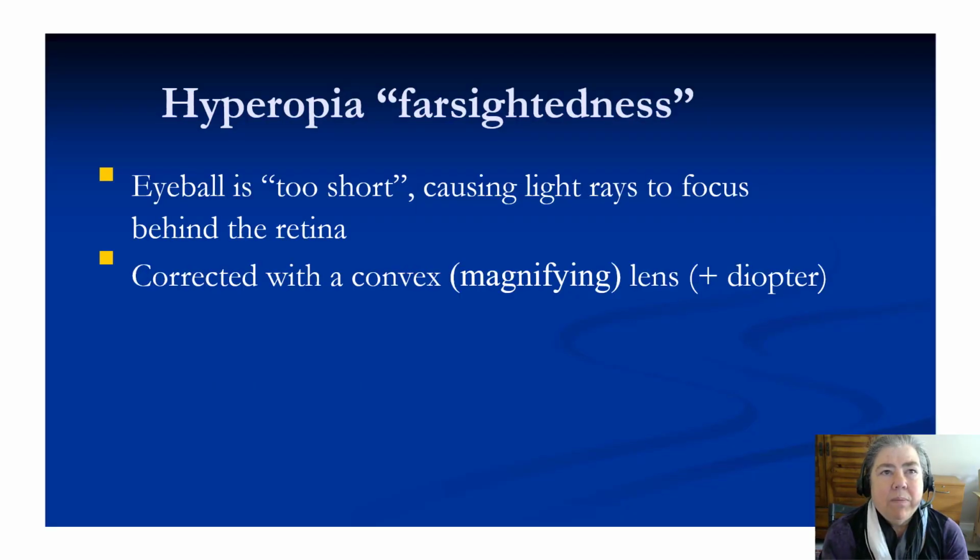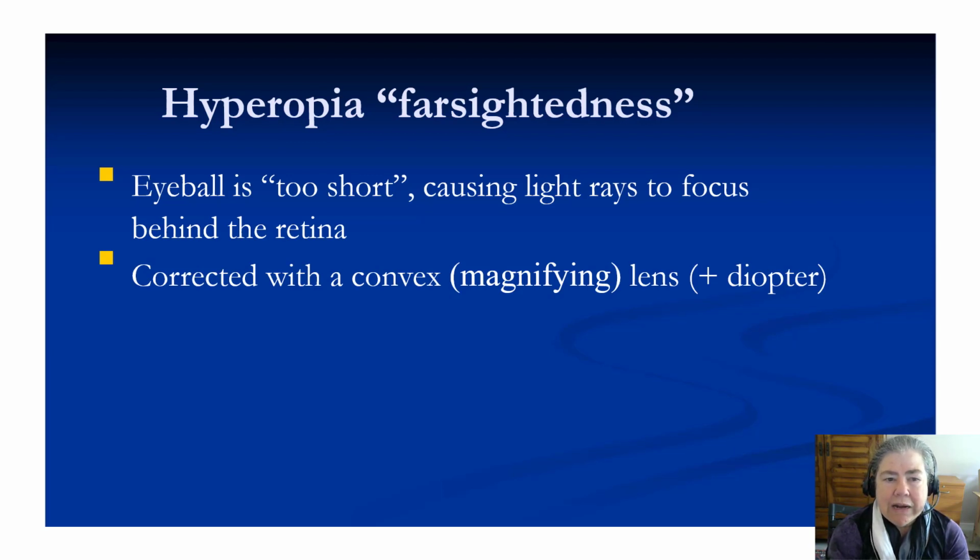I want to talk now about the correctable causes of vision problems, the things that people wear glasses for, just so that you have a better understanding of what they mean. So, what we call as lay people farsightedness is called medically hyperopia, and it occurs when the eyeball is short, is not so deep, and the light rays that are focused by the cornea and lens focus on a point behind the retina.